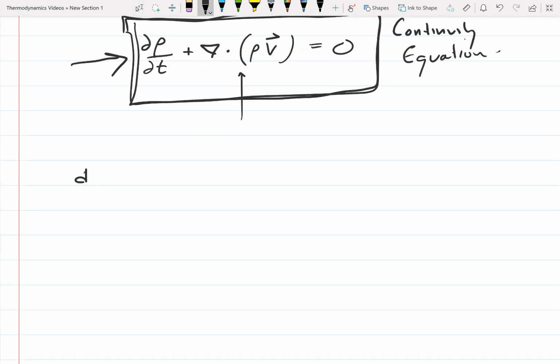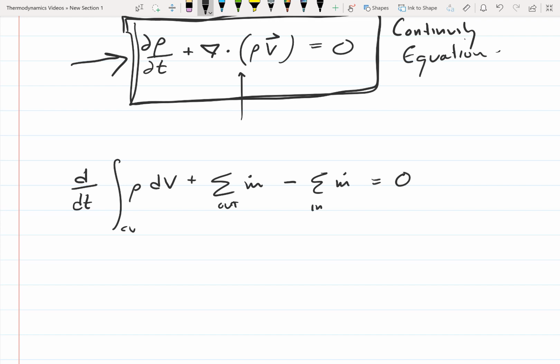So d/dt of rho dV plus the sum of m dot out minus the sum of m dot in is equal to 0.